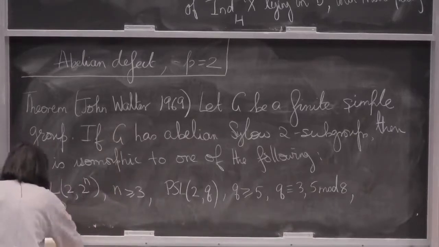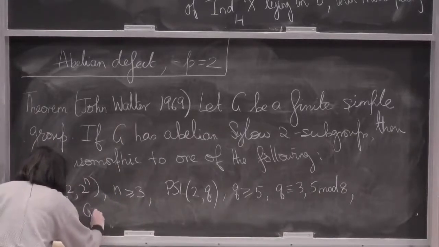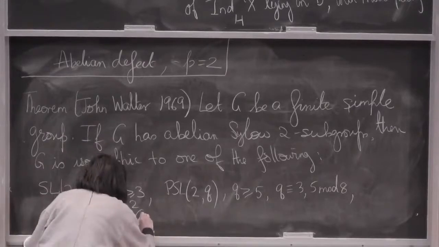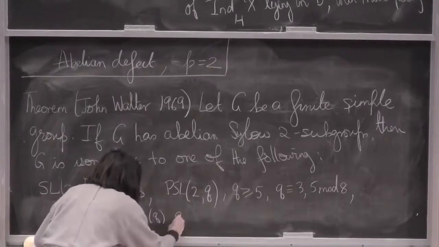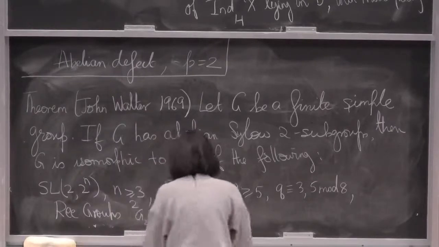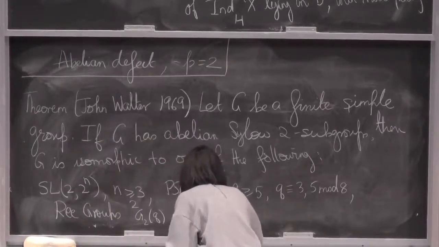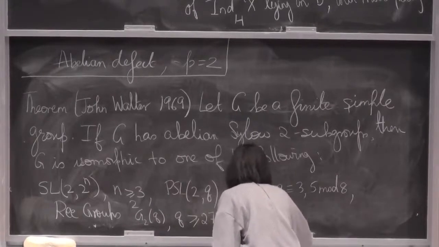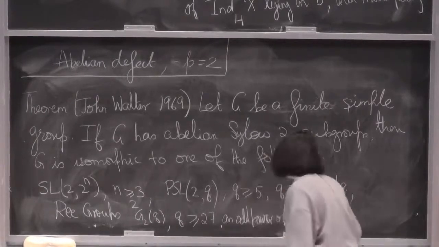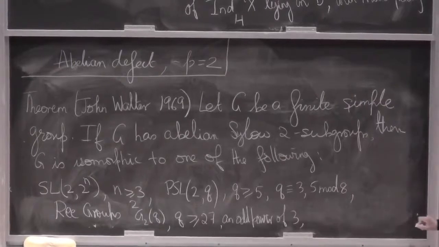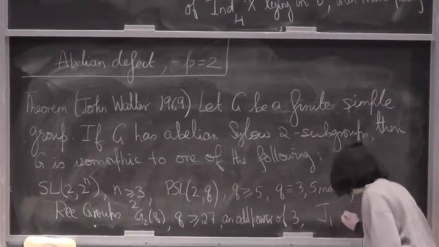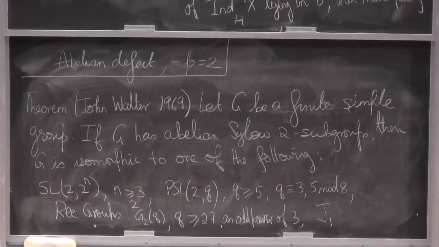Some Ree groups of type G2, or 2G2, where q should be greater than or equal to 27, and an odd power of 3. And as is totally par for the course for finite group theory, one sporadic simple group, J1.